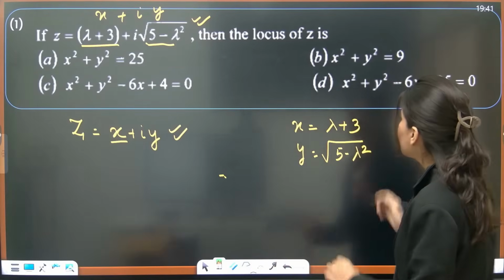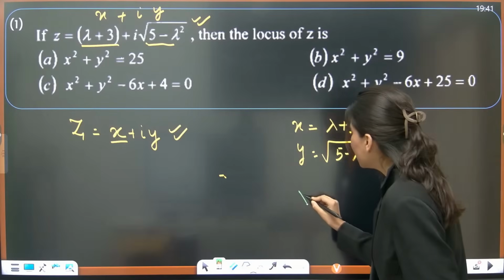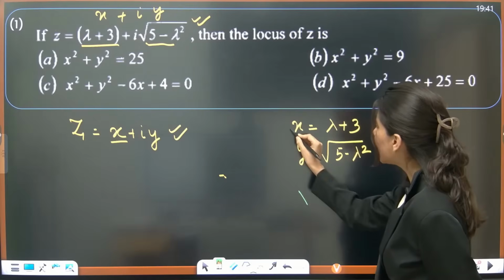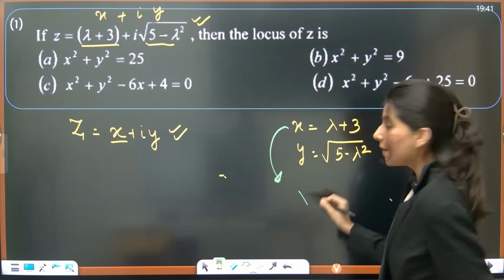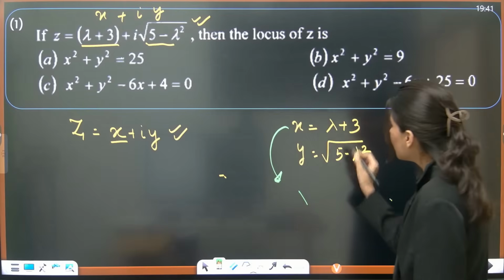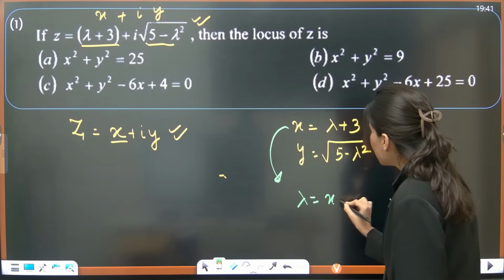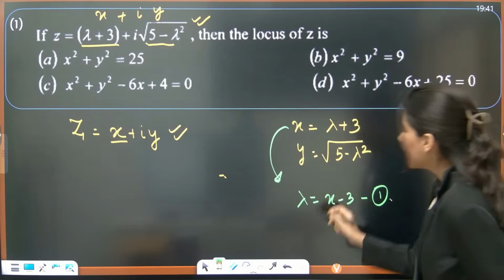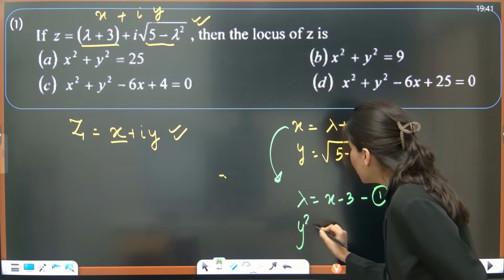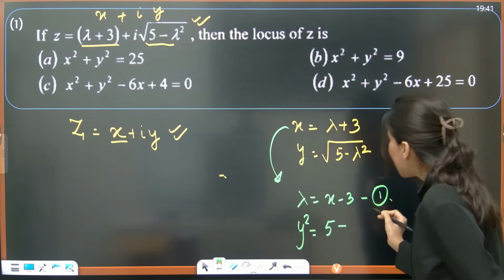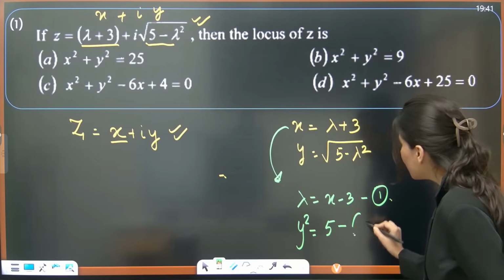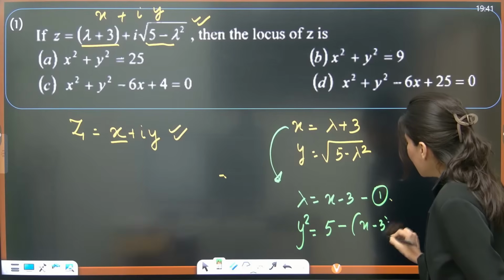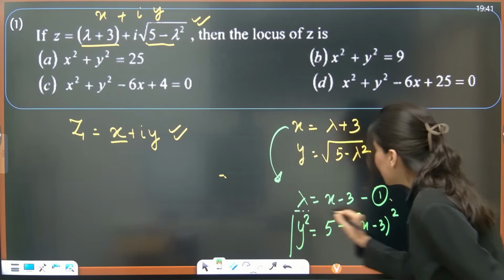Okay, so what we are going to do is, from x equals lambda plus 3, I'm going to get the value of lambda. Can anybody tell me what is the value of lambda? So lambda is equal to x minus 3. That is my first equation. And from here, can you say that y square is equal to 5 minus lambda square? Now lambda square will be what? From here you put the value of lambda, x minus 3 whole square. Can you see?